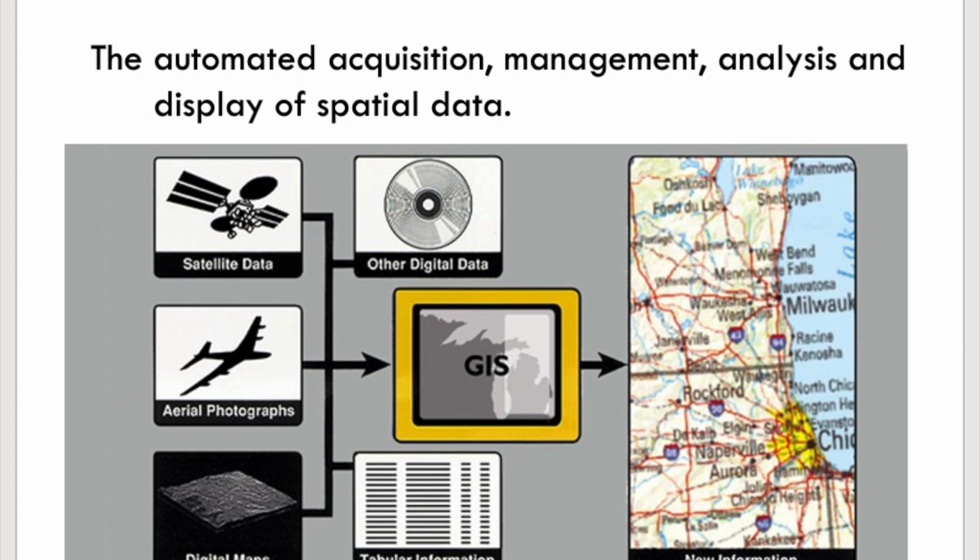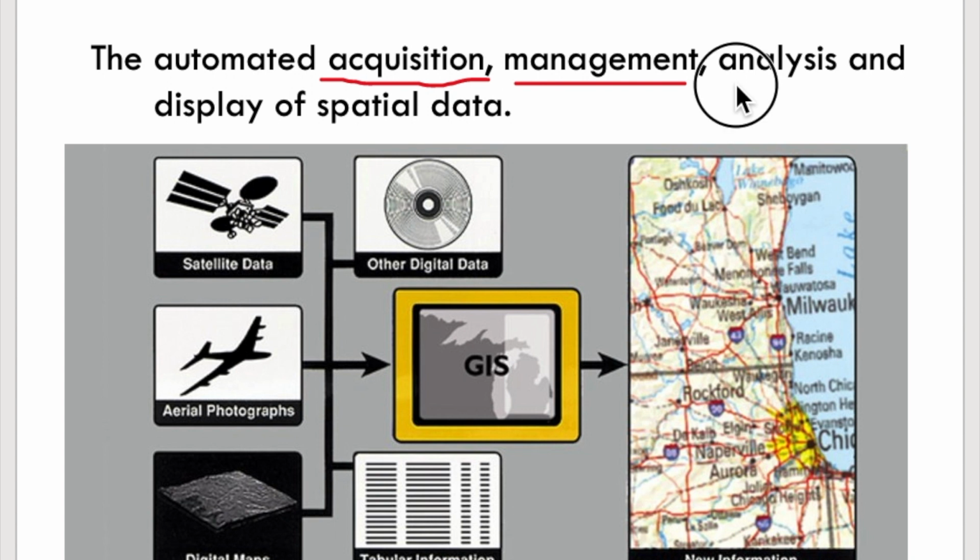So the proper definition of GIS is the automated acquisition, management, analysis, and display of spatial data. For acquisition, we are acquiring data. For management, we are managing the data.